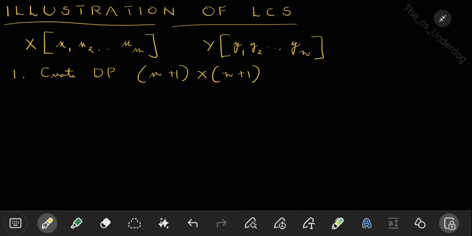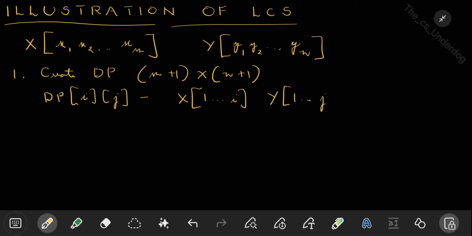And what does each entry in the DP table signify? If you have an entry DP of i,j, then what does this mean? This particular entry represents the length of the longest common subsequence formed using the prefixes x from 1 to i and y from 1 to j.